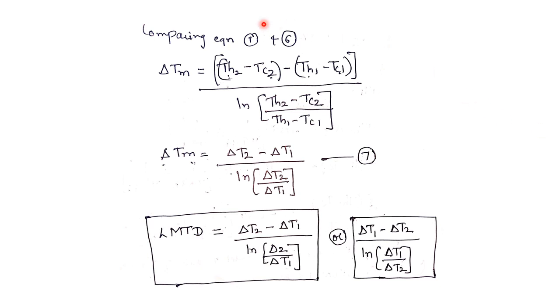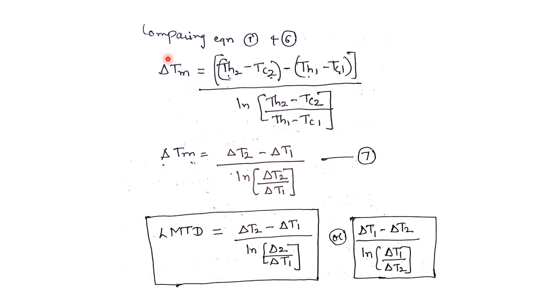Now comparing equation 1 and equation 6: in equation 1, Q is equal to U into A into delta Tm, whereas equation 6 is Q equals UA and the entire term.